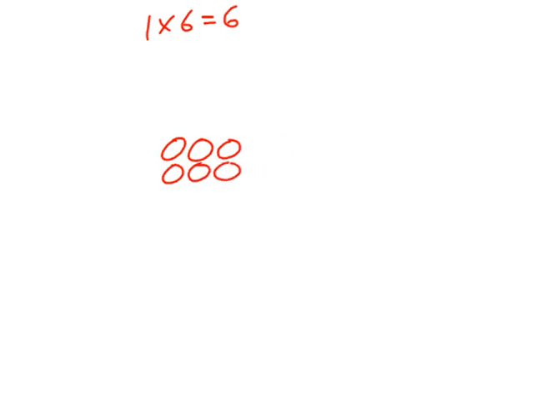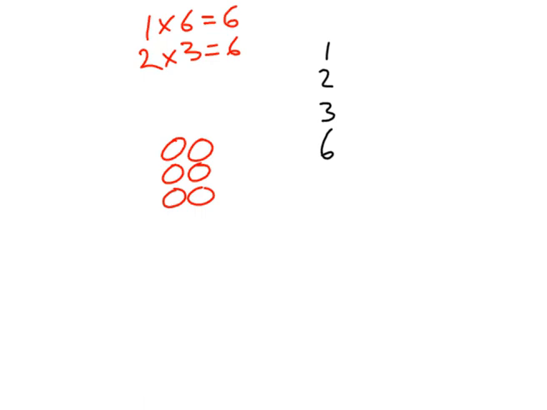So now we have 2 and 3. So 2 times 3 is equal to 6 as well. Are there any other combinations that we can do? It's the same as 2 times 3, but we have identified all of the factors here. So the factors of 6 are 1, 2, 3, and 6.